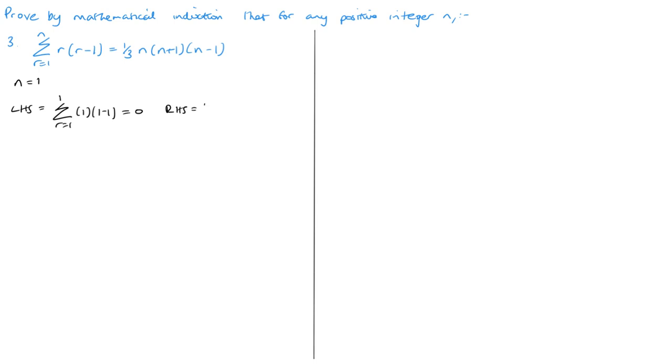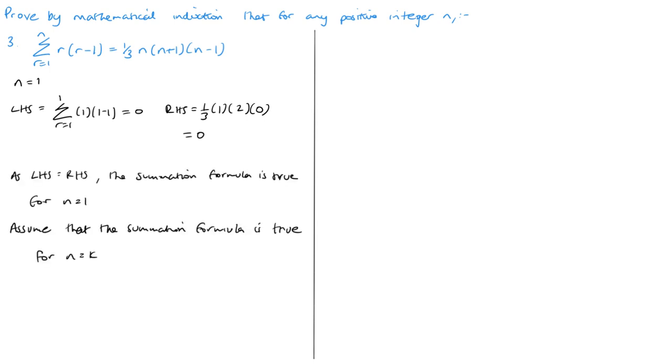Right hand side, a third times 1 times 2 times 0. So that's 0. So left hand side equals right hand side. So therefore we're going to assume true for n equals k. This is 1/3 k, k plus 1, k minus 1.